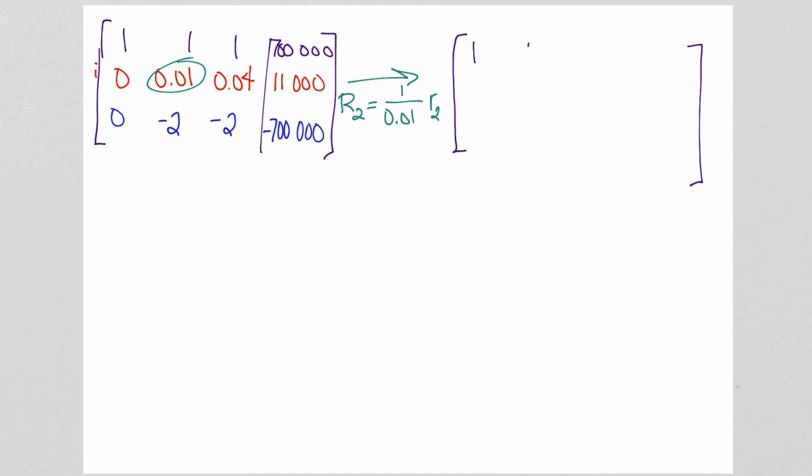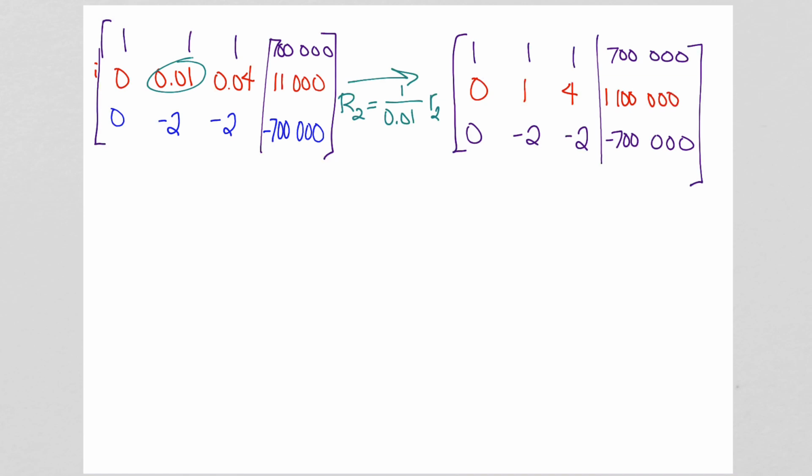So keep the first row, keep the third row, and the second row will be 0, 1, 4, and 1,100,000. Okay, so we've got our 1.